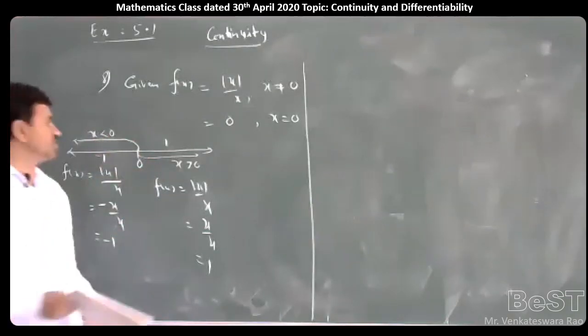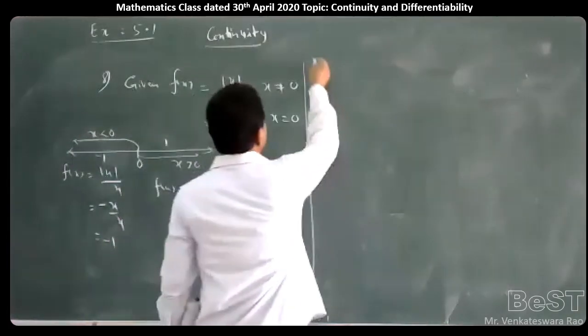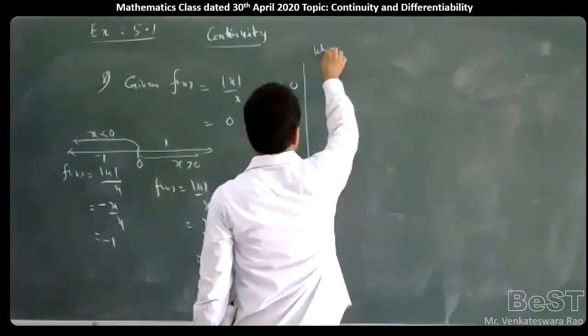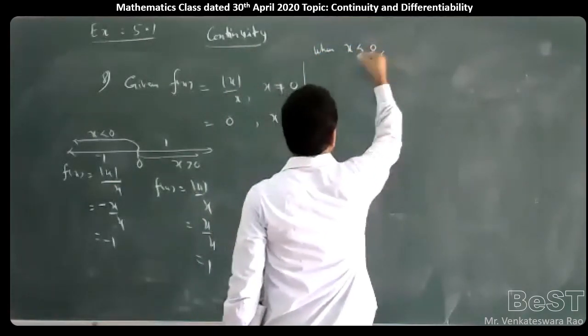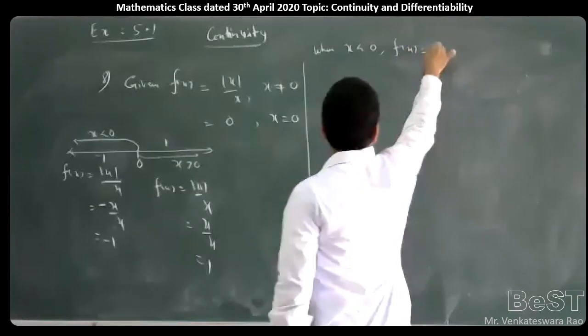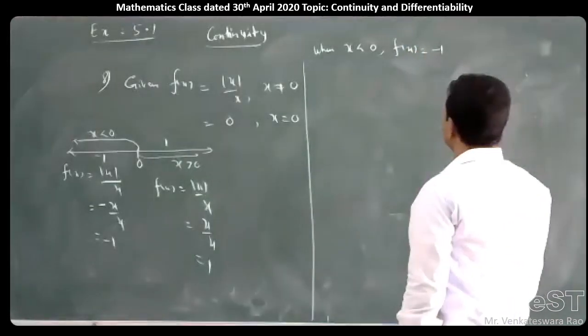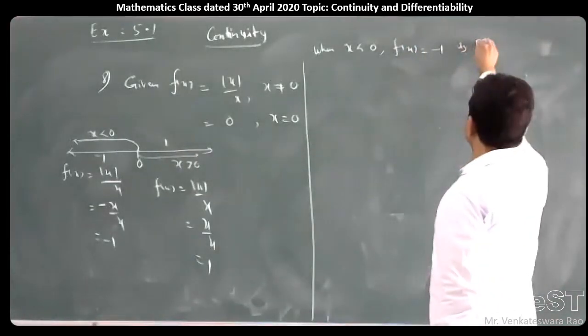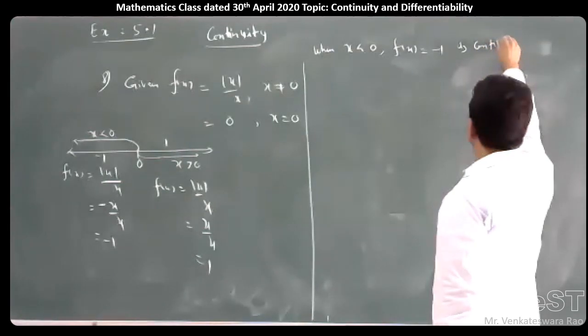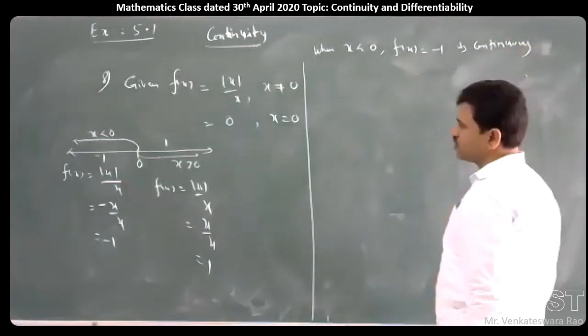First write that conclusion. Strictly when x is less than 0, f of x is equal to minus 1, which is continuous. No objection. It is a constant function.